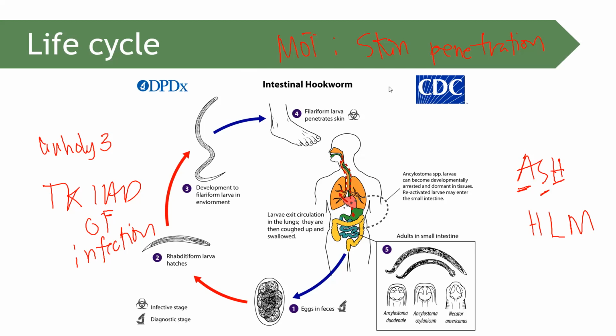Now remember, people of God, that an adult gravid female can lay 10,000 to 20,000 eggs per day. Ganun kadami.